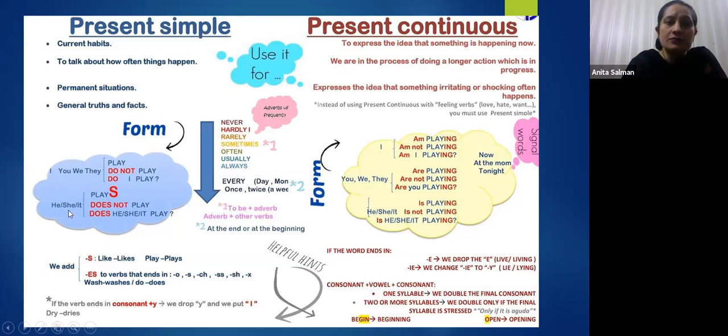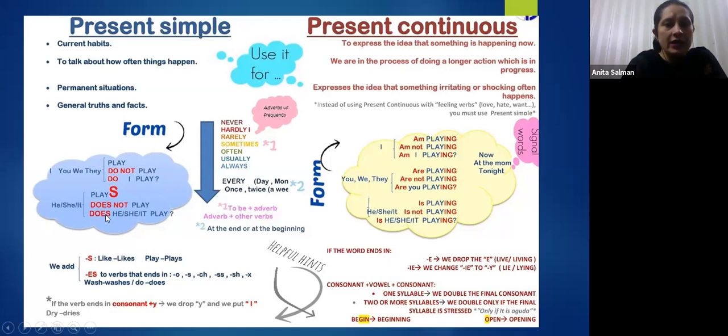Whereas if your subject is he, she, it, or singular, then you have to add s with the first form of the verb in simple present tense, or you can say your base form of the verb, right? He, she, it, then you will add s with the first form of the verb, like he plays, she plays, it plays.